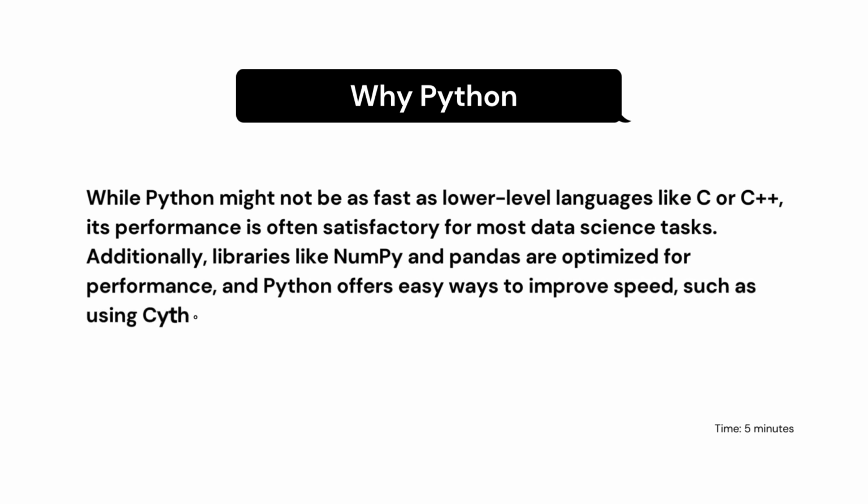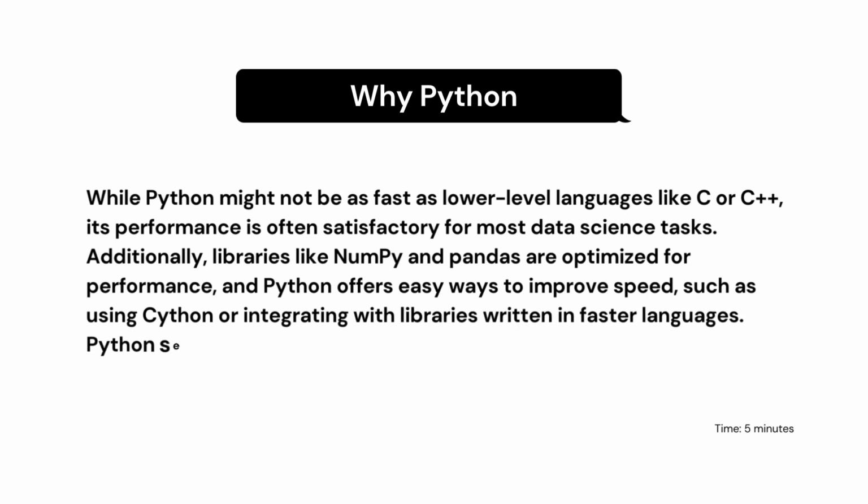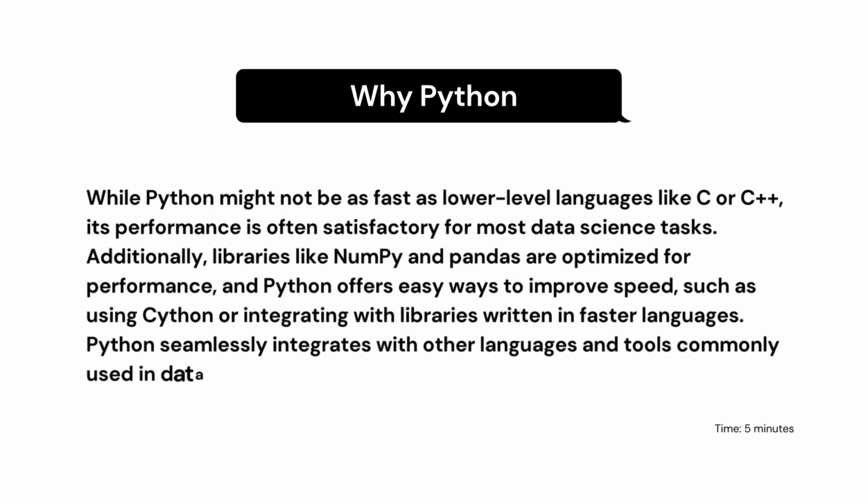And Python seamlessly integrates with other languages and tools commonly used in data science, such as SQL. So these are the prominent reasons why we use Python. I hope you got the sense about Python. I think this much is sufficient for that.